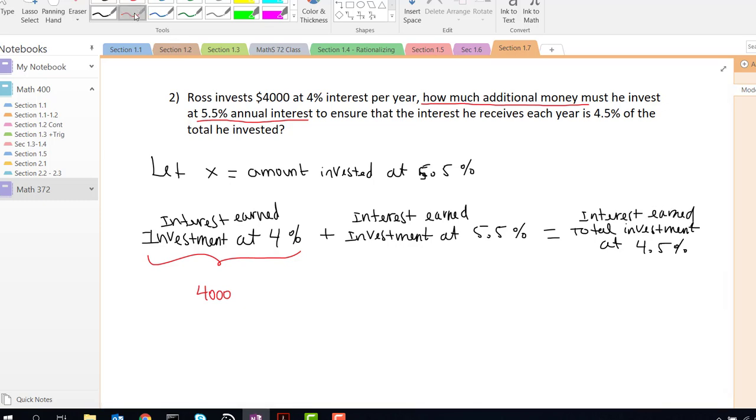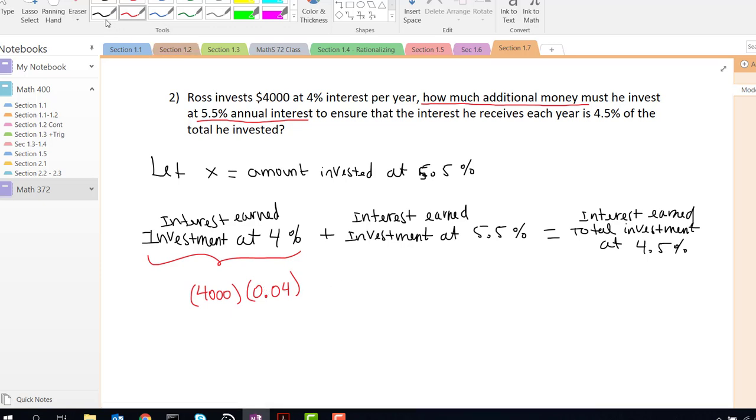So for the first amount it is the $4,000 multiplied by the percent, just like we did in the previous video for how you find interest earned in a year. You multiply the amount times the interest rate as a decimal.